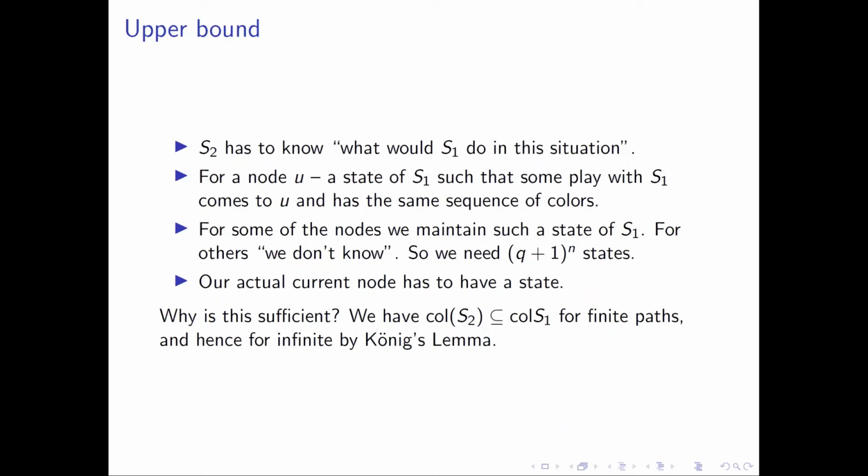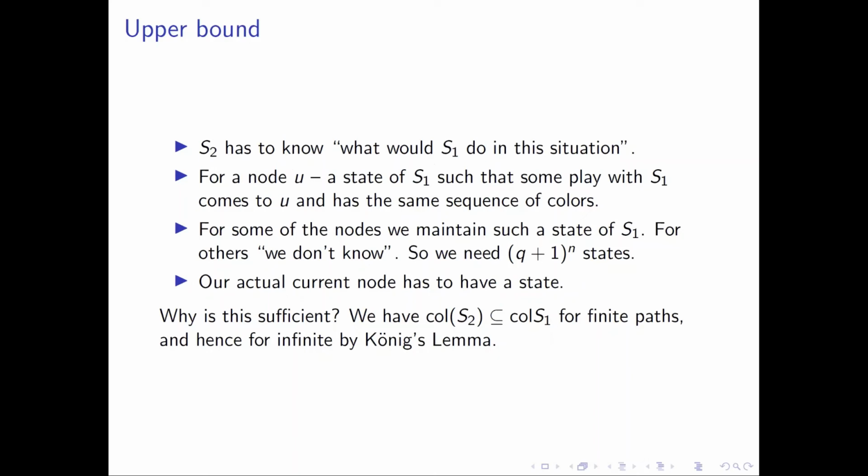Okay, now how do we achieve this? The idea is the following. In a sense, we have to simulate S1. So if S2 finds itself in some node, then the obvious thing to do is to do something that S1 would do in a similar situation.